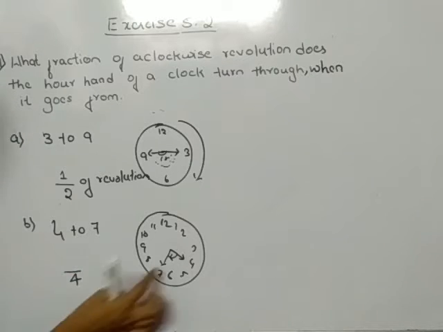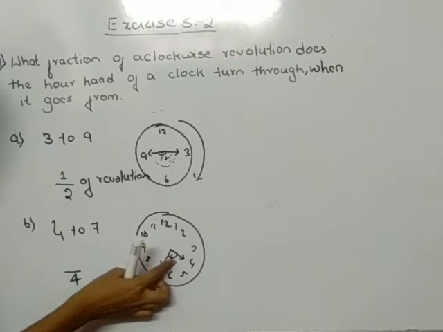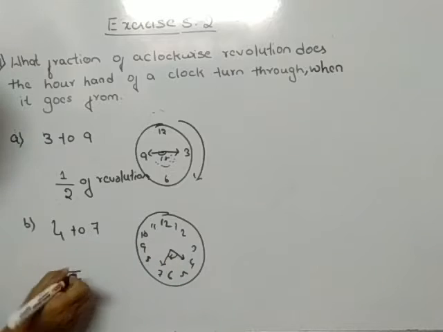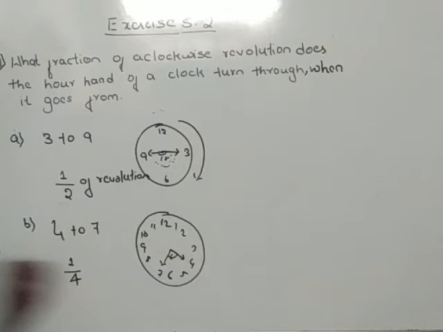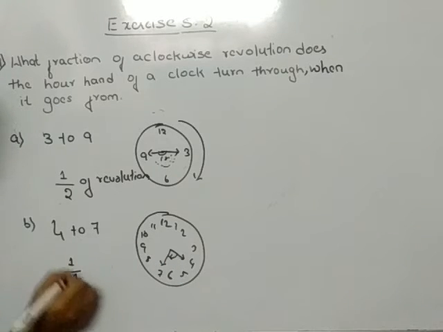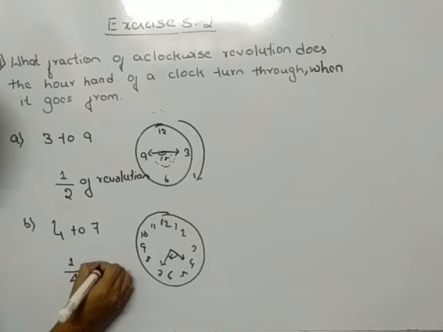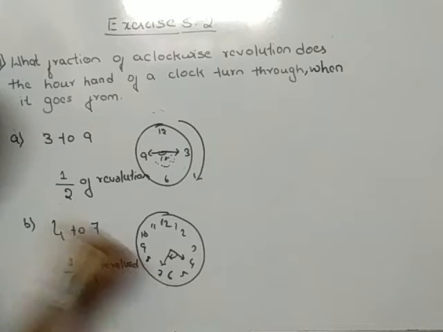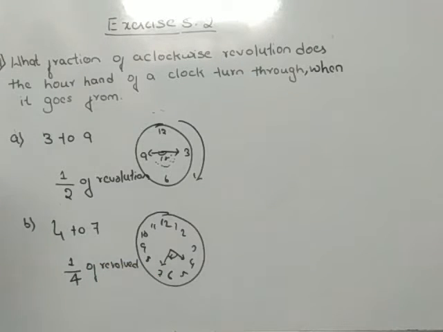Out of 4 right angles, how many right angles has it traced? Only one right angle, right? So we will write here only one right angle it has traced. That is 1/4 of a revolution it has traced. Okay, this is the second one.